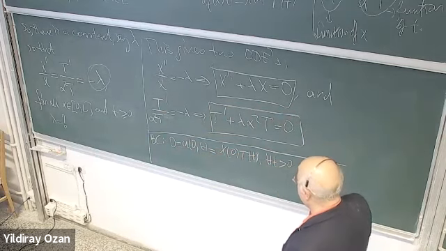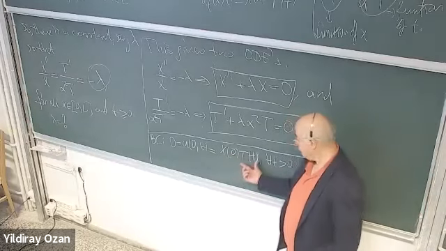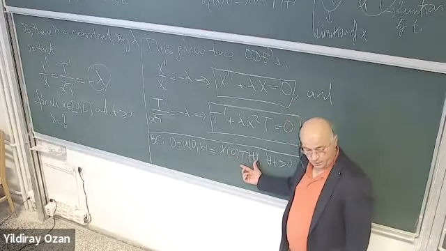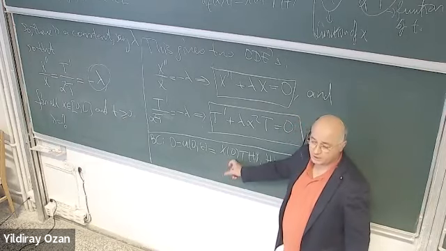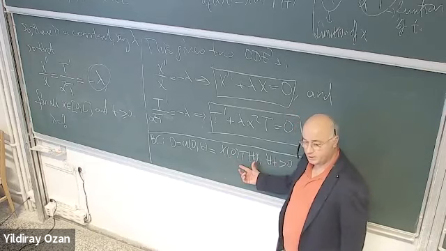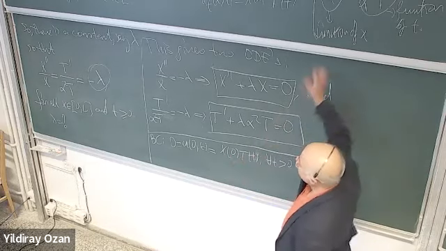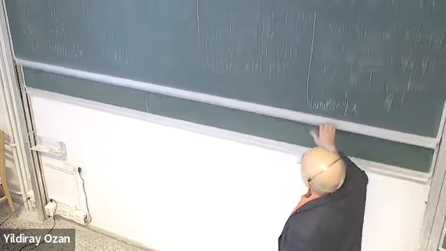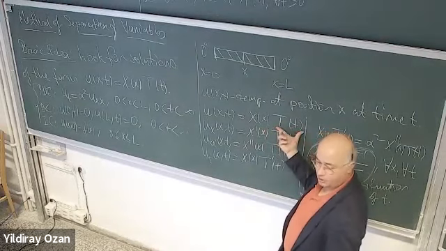Well, you see, this is a constant number and this is a function. If this constant number is not 0, then this function would be 0. But then our solution u(x,t) would be 0 because this is 0.